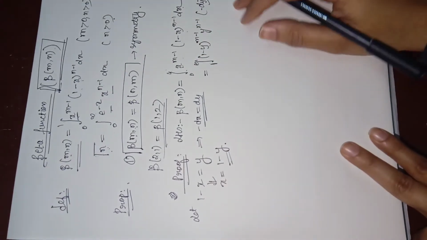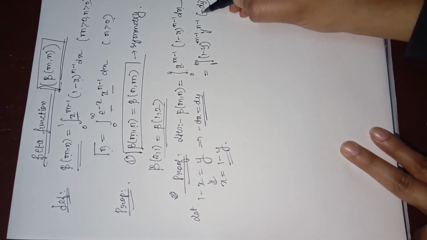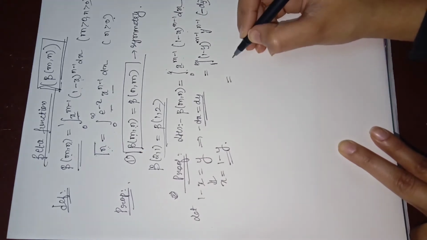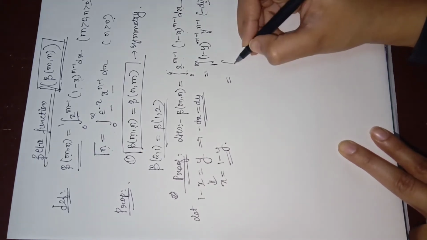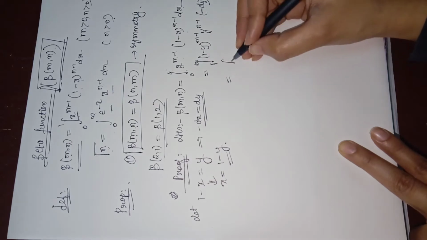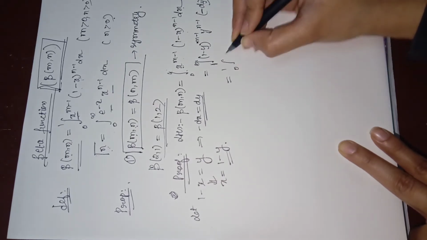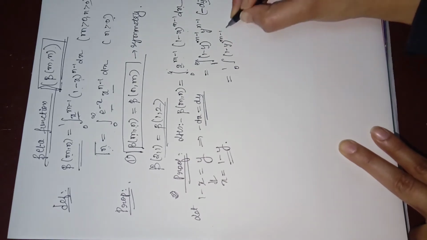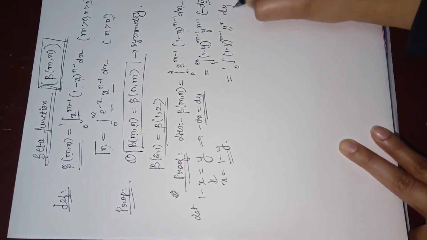But one thing we should observe is that there is a minus sign with dy. We know from the properties of integrals that whenever there is a minus sign, we can just reverse the limits, we can flip it. So it becomes the integral from 0 to 1 of 1 minus y raised to power m minus 1, y raised to n minus 1, dy.